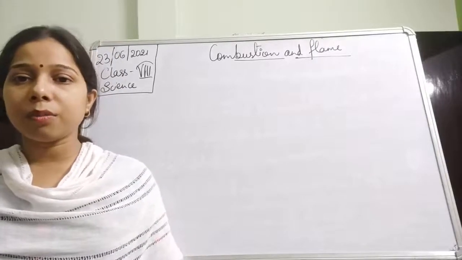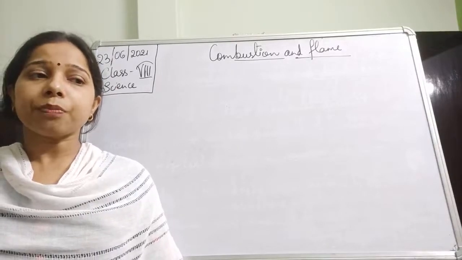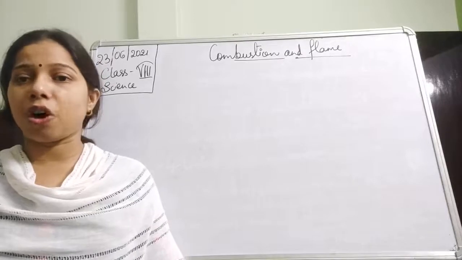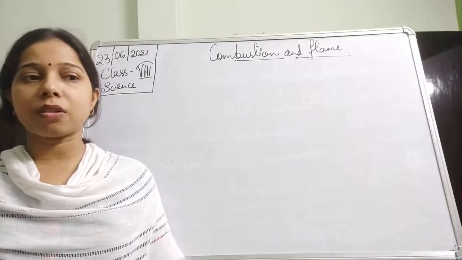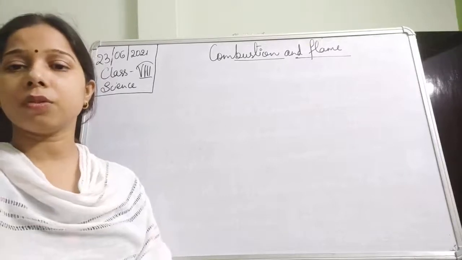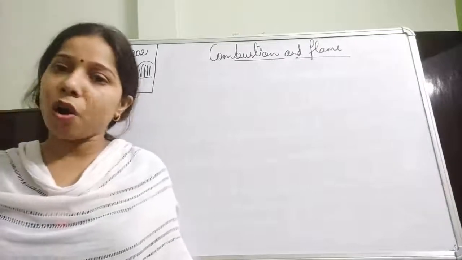Talking about the outermost zone, the outermost zone is the one which gets a sufficient supply of oxygen. And if it is getting a sufficient supply of oxygen, ultimately it will produce a blue color. So it is blue in color, students, because of the presence of oxygen in it.